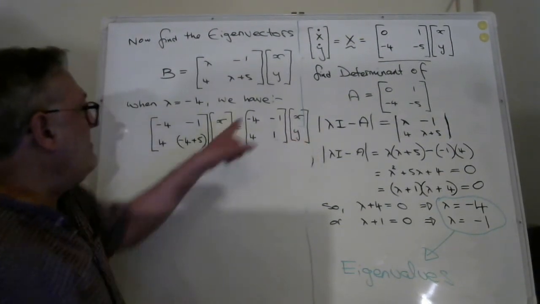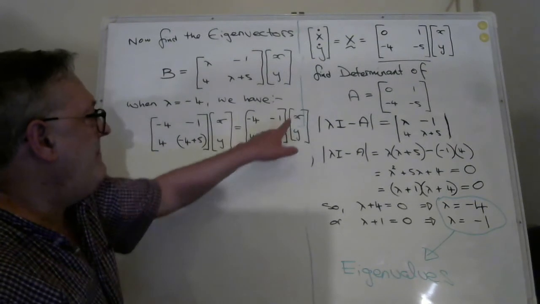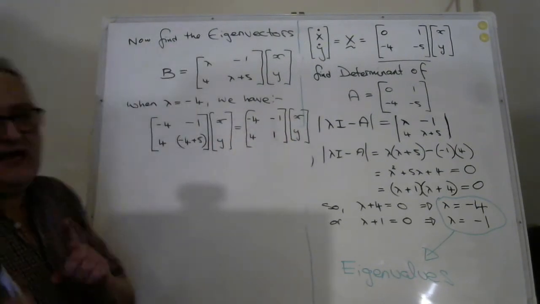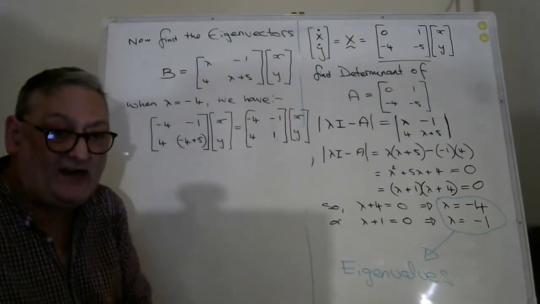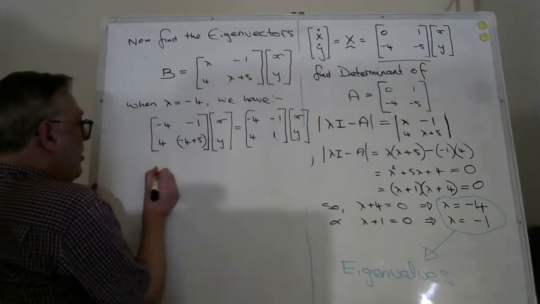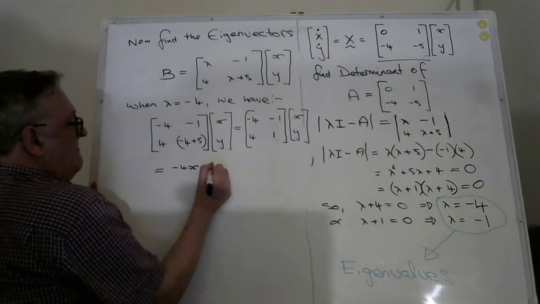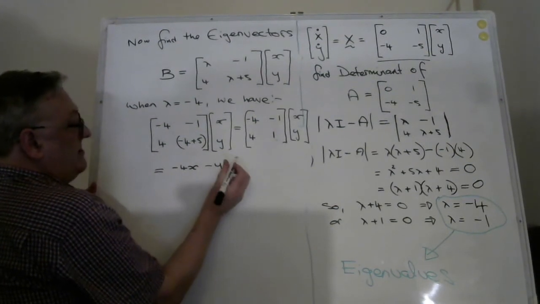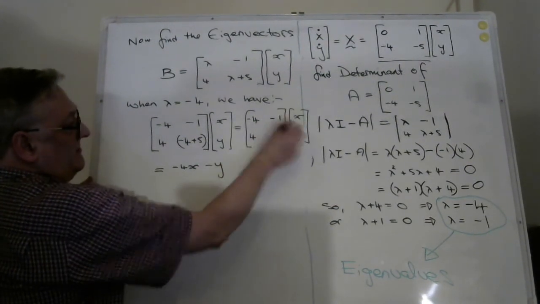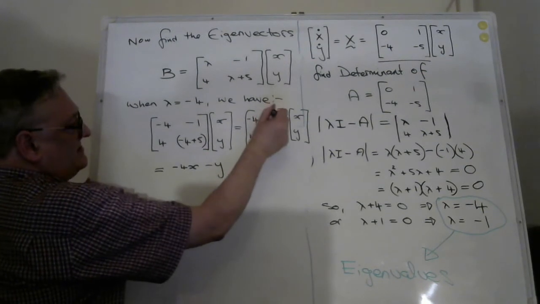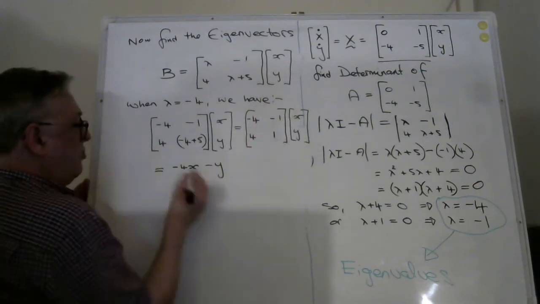Now, when you multiply everything out there by X and Y, we get 2 identical equations. So what we get is -4x minus y. So we've got -4 times x minus 1 times y.